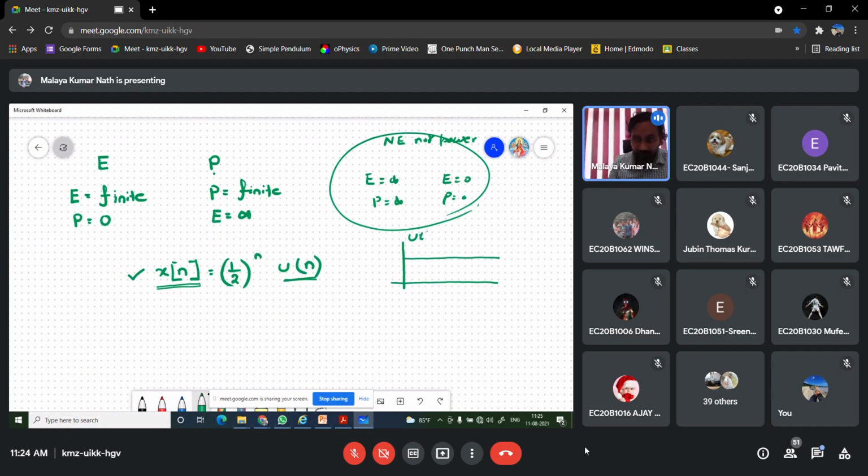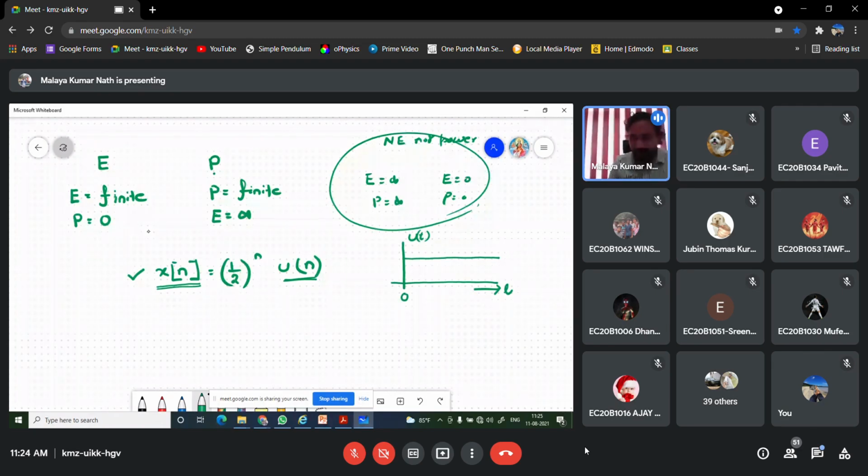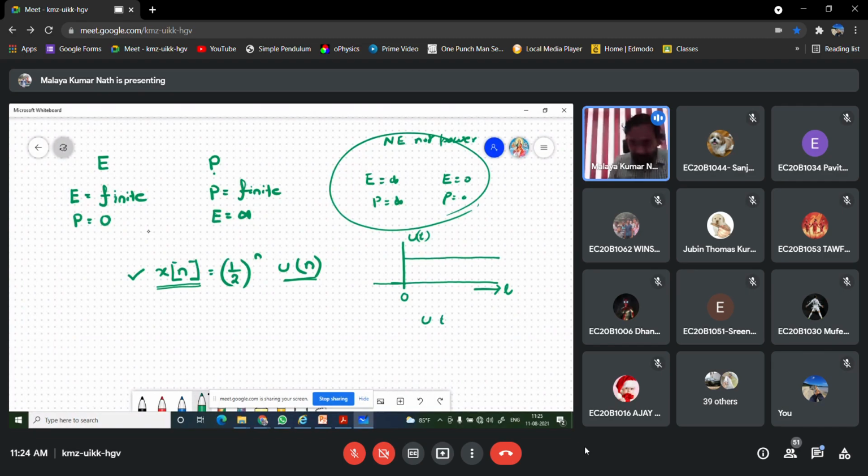So this is u(t), and I can write that the unity step signal has a magnitude of 1 when t is greater than or equal to 0, and 0 otherwise. This is the unity step signal in the continuous domain.